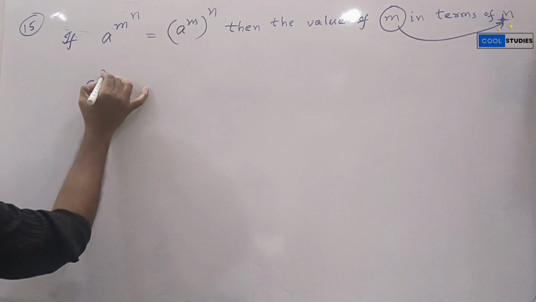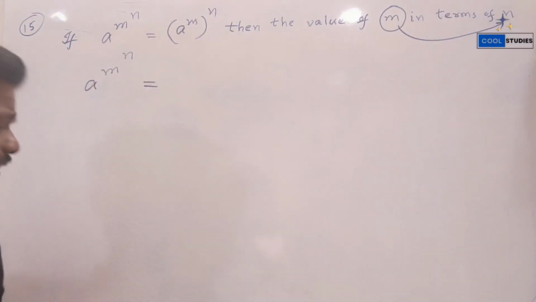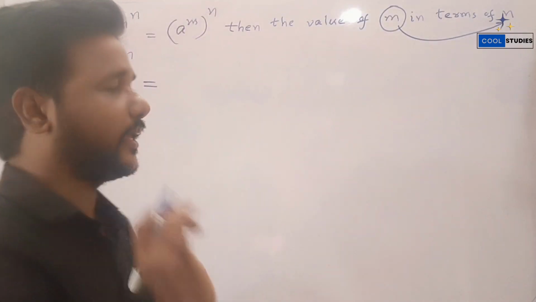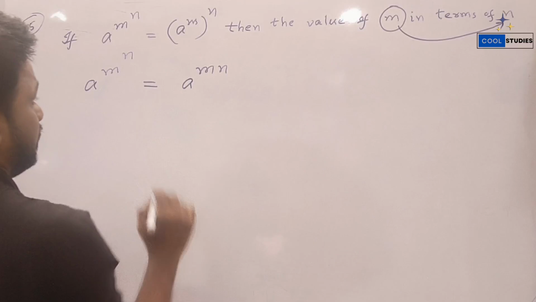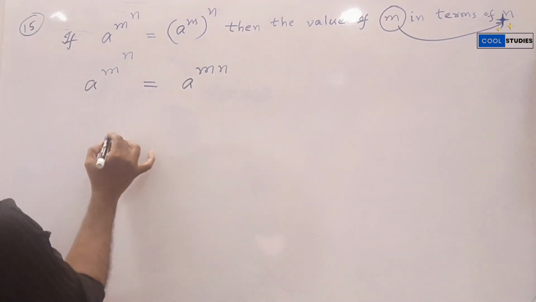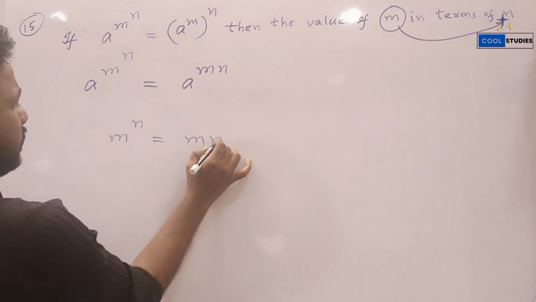a to the power m to the power n is equal to, so we know that a power m whole power n is a power m into n. Now here bases are equal, so powers are also equal, right? So m power n is equal to m into n.